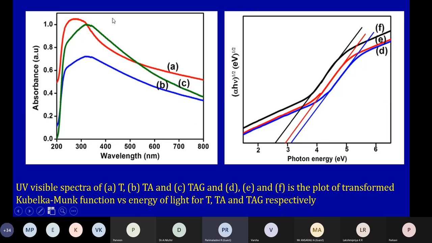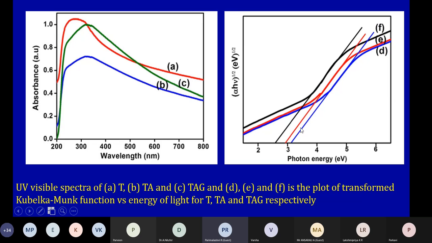This red shift is due to localized surface plasmon resonance, and using this absorption and this formula we calculate the band gap, using the Tauc plot.